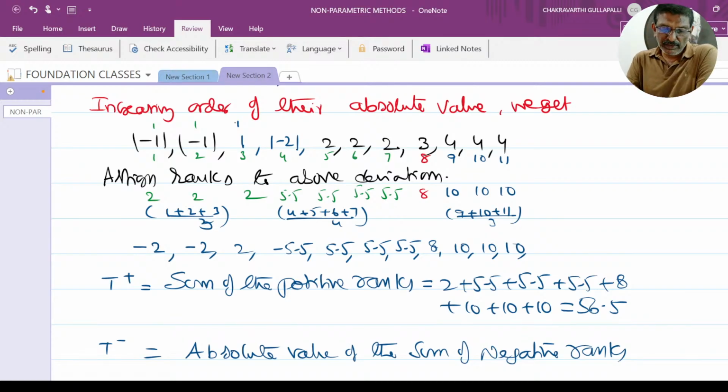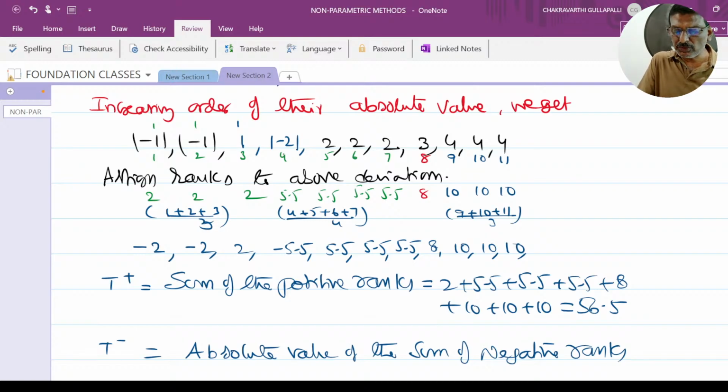The first three numbers are the same. Assign the first, second and third rank, and find the average of these three ranks. That is called the average ranking. 1 plus 2 plus 3 is 6, 6 by 3 is 2. Assign the rank 2 to each value of 1, 1, 1.